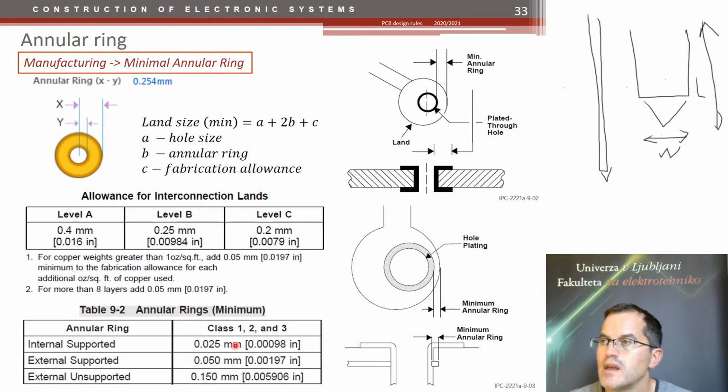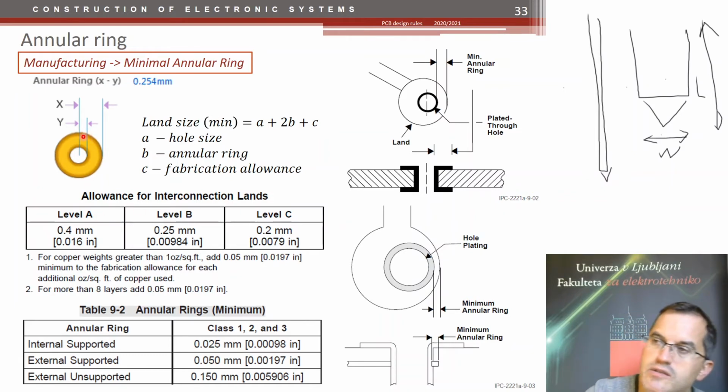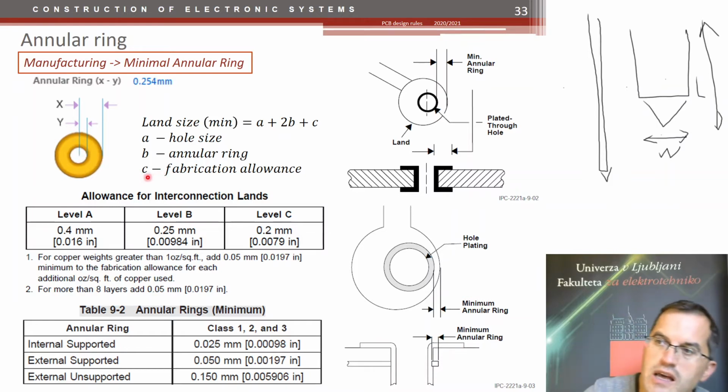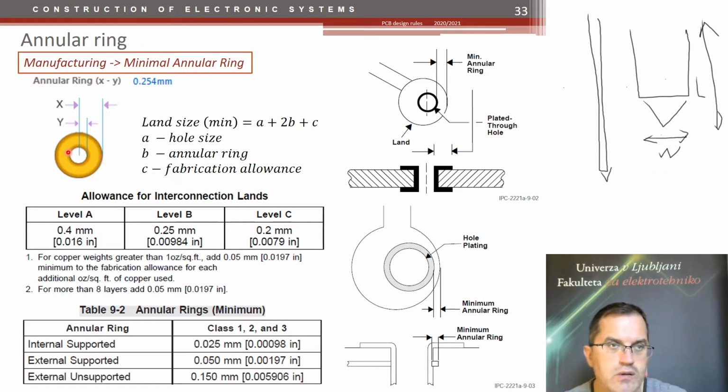Next is the ring around the plated through hole, because the ring has to have a certain width, and that width is divided into three parameters. Of course, the hole diameter, then the minimum width of this annular ring, and the fabrication allowance. The fabrication allowance is the tolerance of this hole.